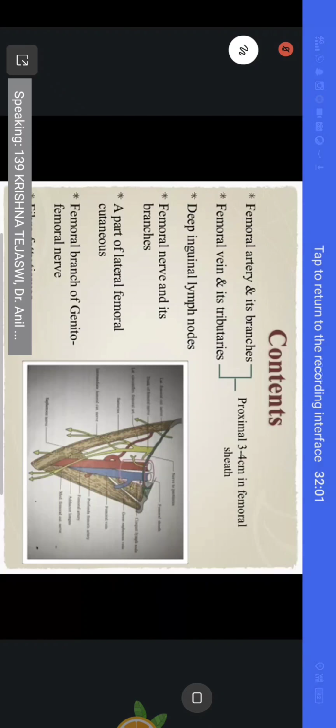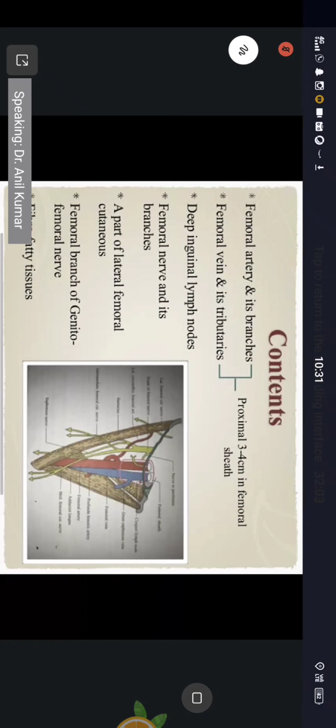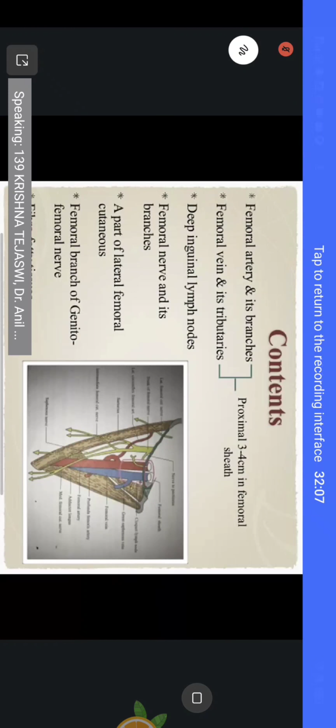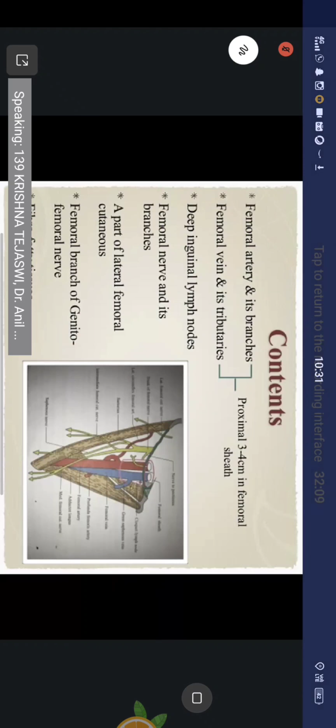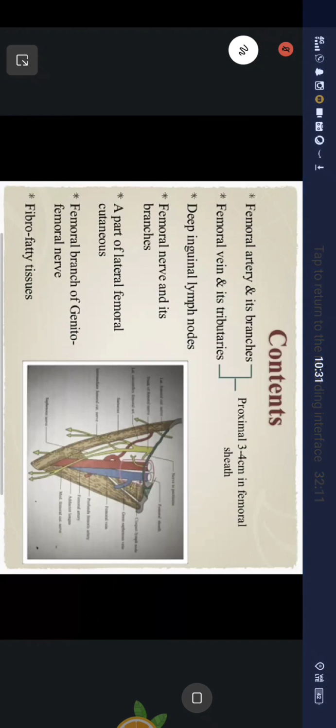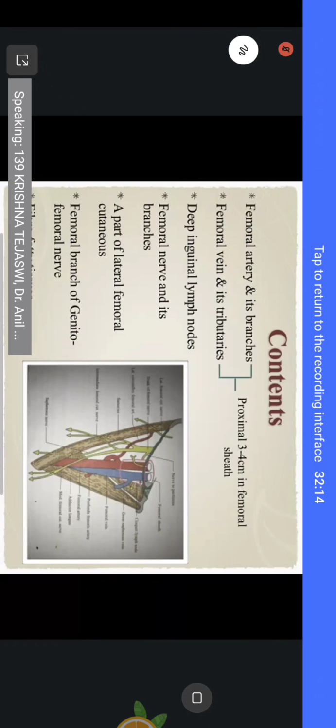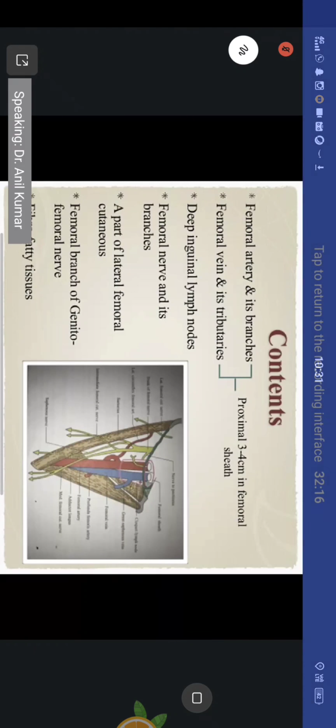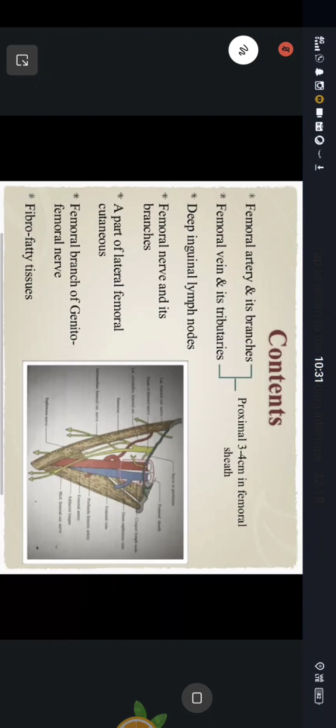Apart from this, we see two small nerves. What are they? One is seen on the lateral aspect: lateral cutaneous nerve of thigh, and the genital branch of the genitofemoral nerve. So these are the structures we see in the femoral triangle. Now we'll see the details of these structures.